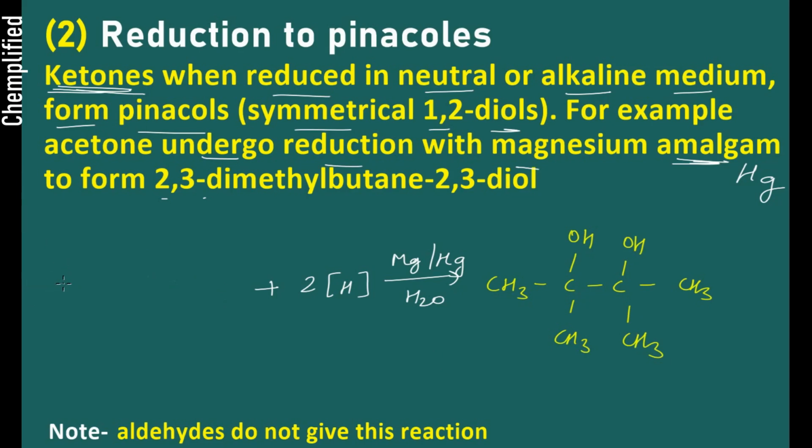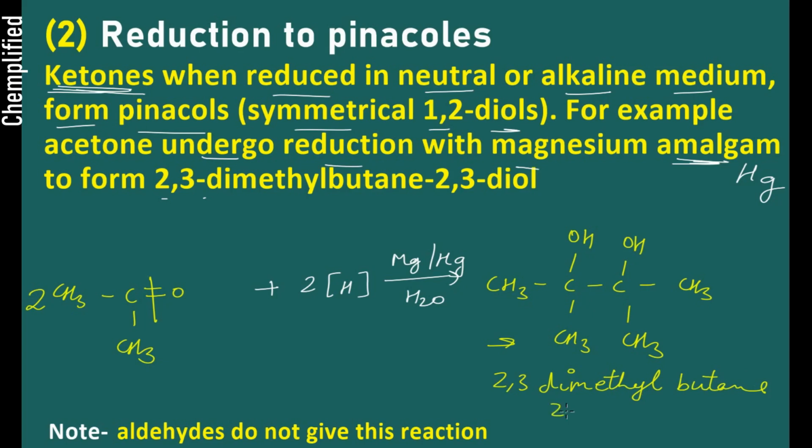You can write it as CH3 C CH3 double bond O. Now you break the bond, you combine. There are two acetones, so they combine together with each other and they give you this structure. What is this? This is your 2,3-dimethyl butane-2,3-diol, right? This is your final product.